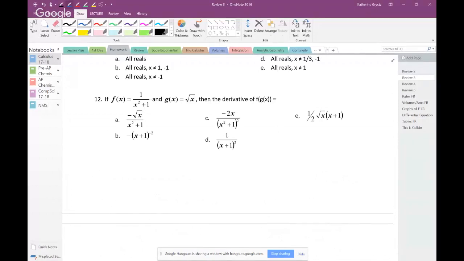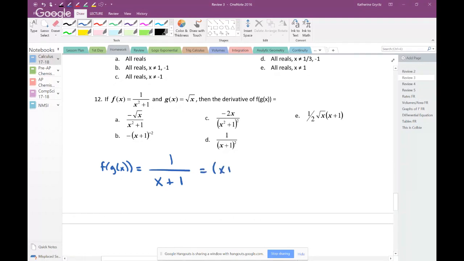Wouldn't you just compose it? You put that square root of x into f of x, right? So you get 1 over x plus 1. And then I want you to take the derivative. Can I just put that to the negative first so I don't have to?